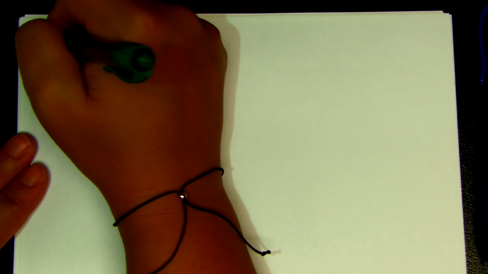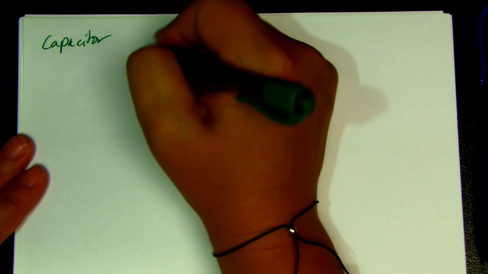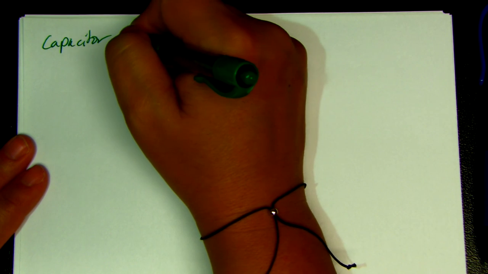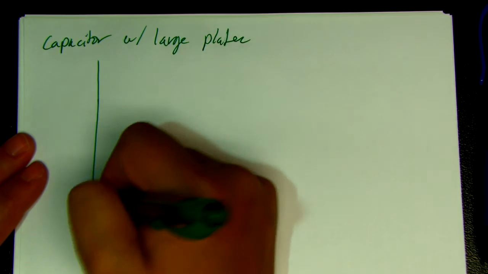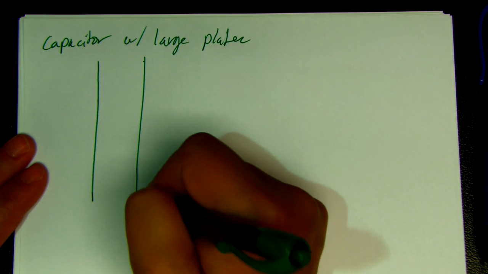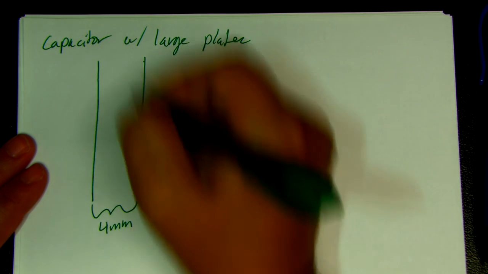Okay, so let's build on this and analyze a couple other interesting situations. So let's say we've got a capacitor with large plates. Here's our capacitor. It has a gap of 4 millimeters.